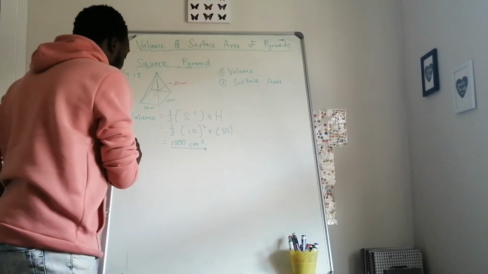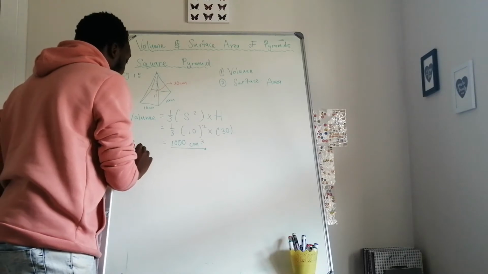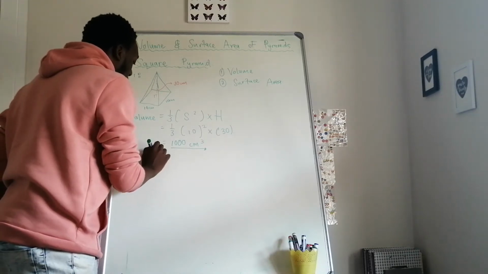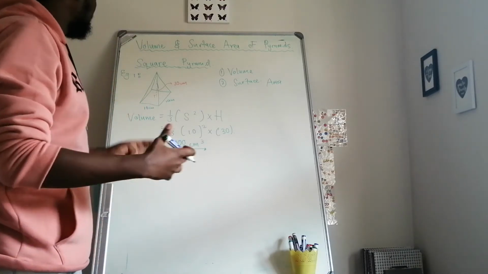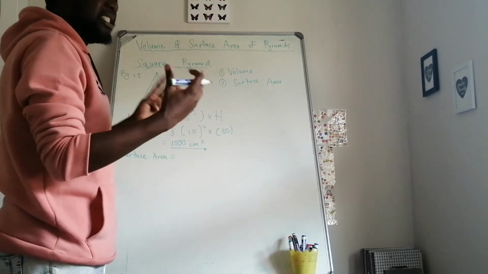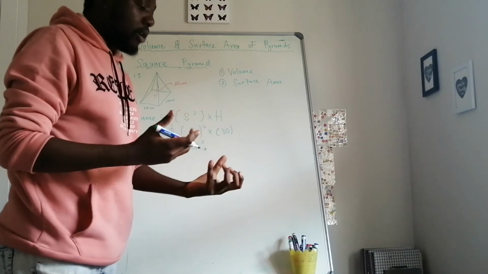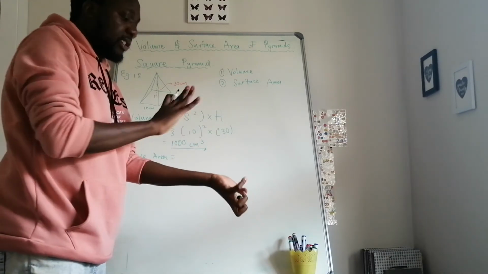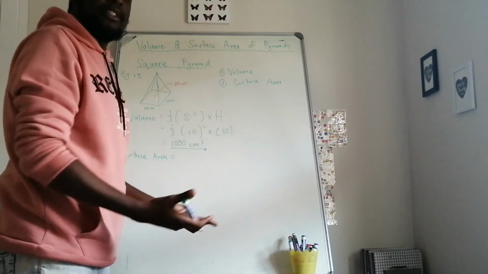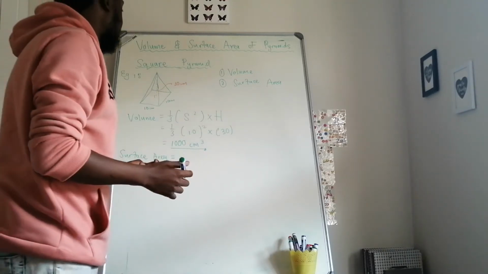The surface area, on the other hand, remember what surface area is. You need to calculate the area of each face there. It's as if you take the object, you look at one face, calculate the area of that, look at the other face, calculate the area of that, and keep on turning it around and calculating the area of each.